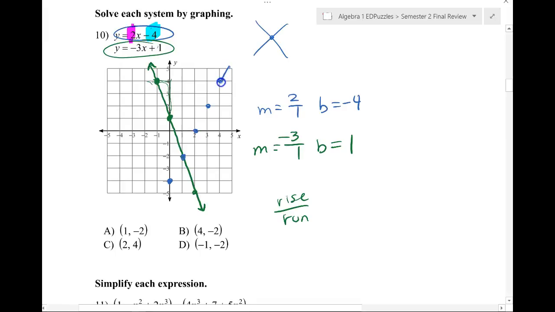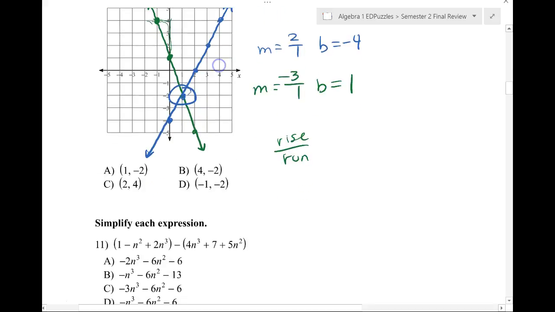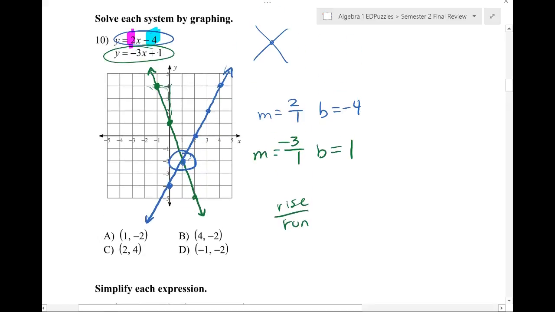Okay, so now here, all right, and then your solution is right there where they meet at (1, -2). You can always double check to make sure that's correct by just plugging those values into one of the equations. Actually, you want to check both.